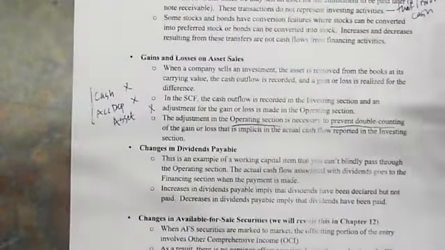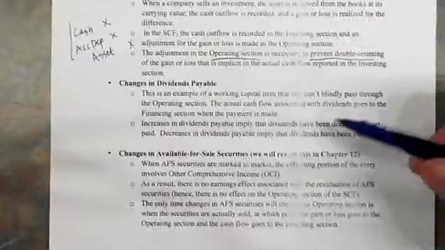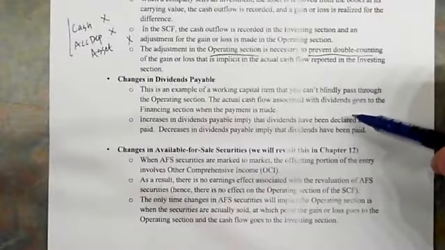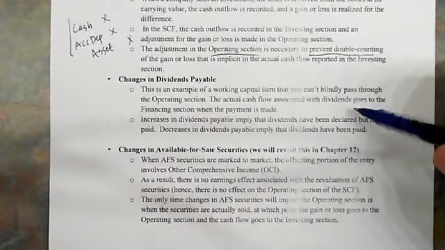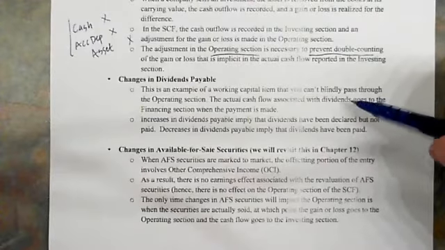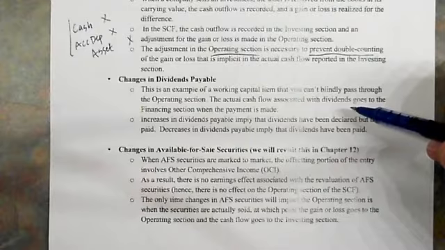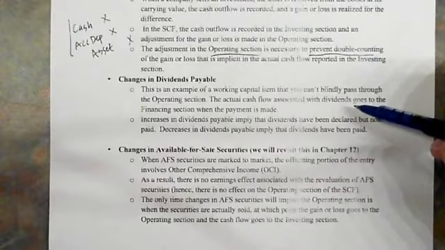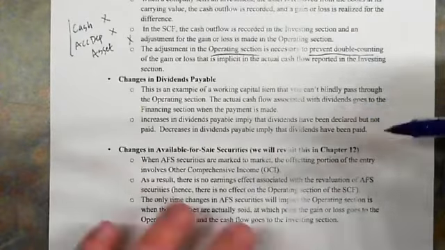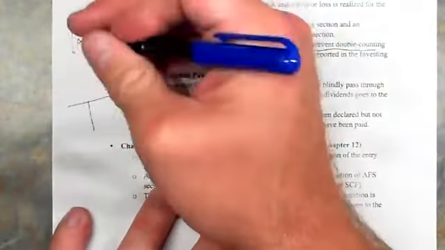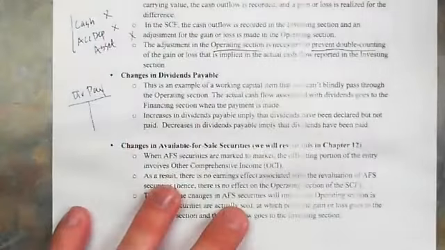Okay. Changes in dividends payable, don't blindly pass through and put this in the operating section. Remember that this will tell me about how much I actually paid in dividends after I determine how many were declared. And so again, the big thing to remember here is that when you're talking about the dividends payable account, what does a debit mean? What does a credit mean?